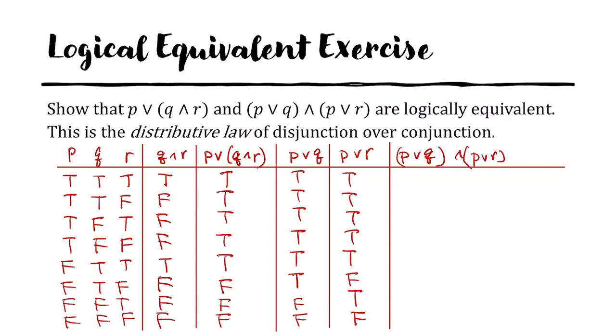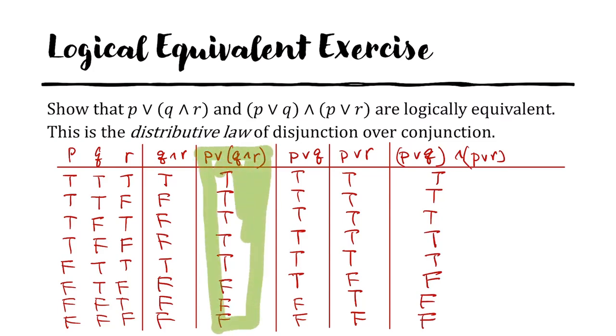And for conjunction, it's only true when they are both true. So you have true, true, true, true, true, and then you have false, false, false. So we finished constructing the truth table for both compound propositions.